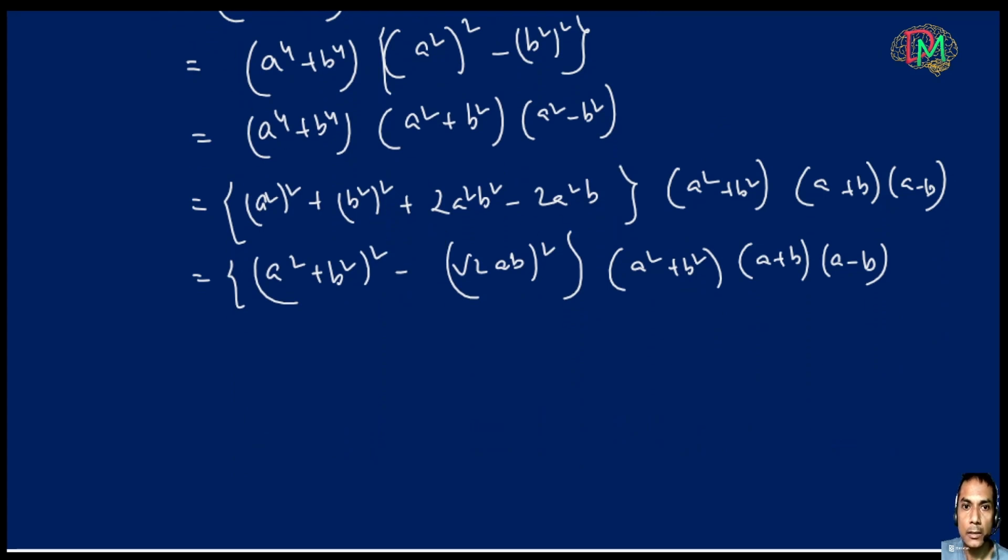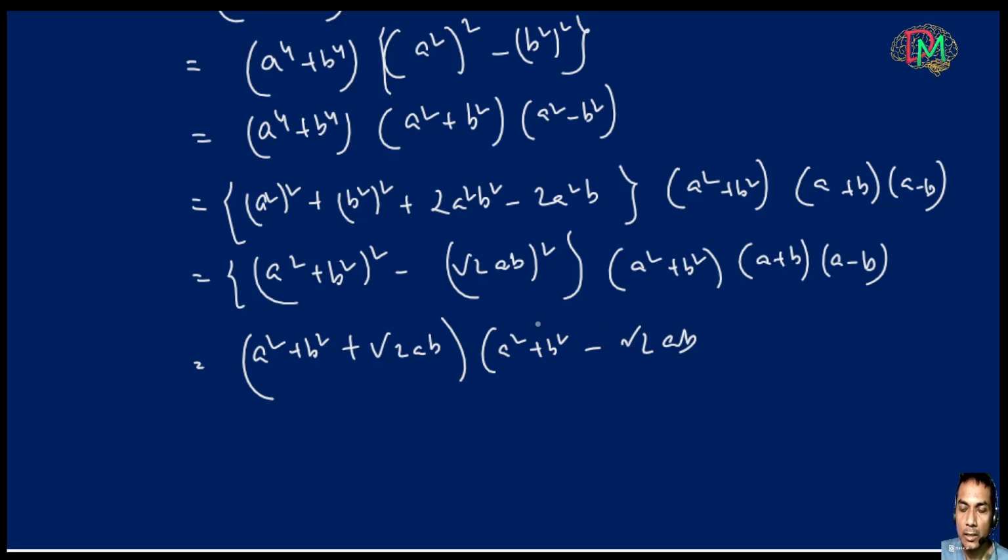Next is a square plus b square plus root 2ab and a square plus b square minus root 2ab.